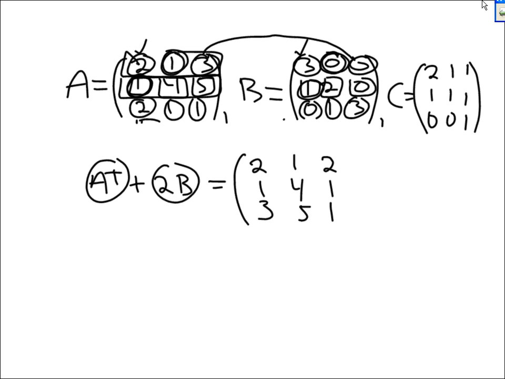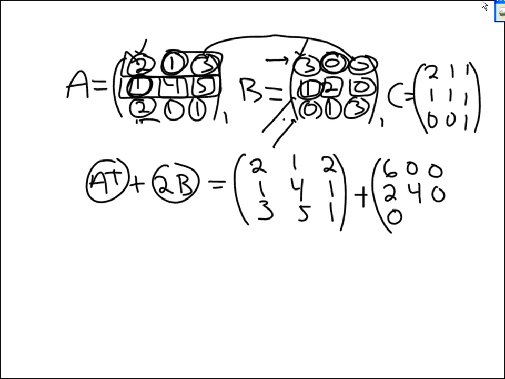I write it as the third column. Plus 2 times B. So I multiply every entry in B by 2. 2 times 3, 2 times 0, 2 times 0, 2 times the second row, 2 times 1, 2 times 2, 2 times 0, 2 times the third row, 0, 2, 6.